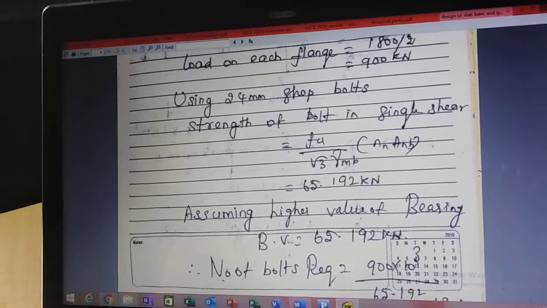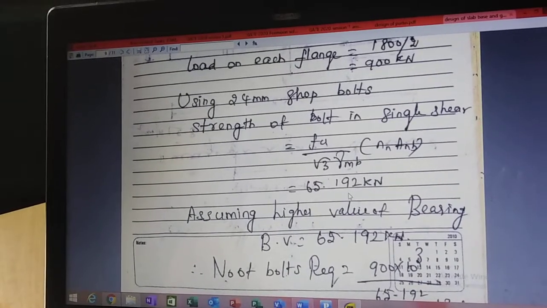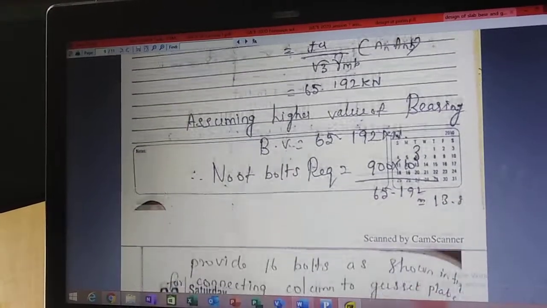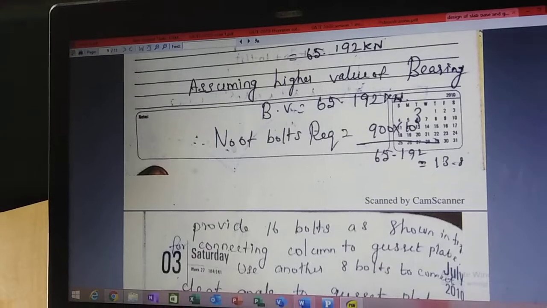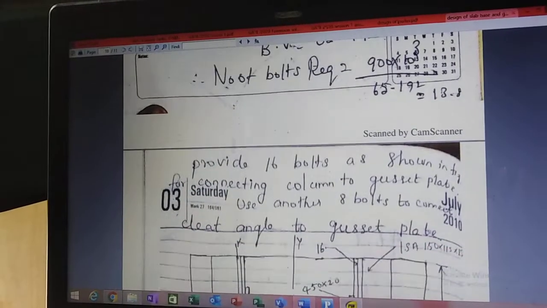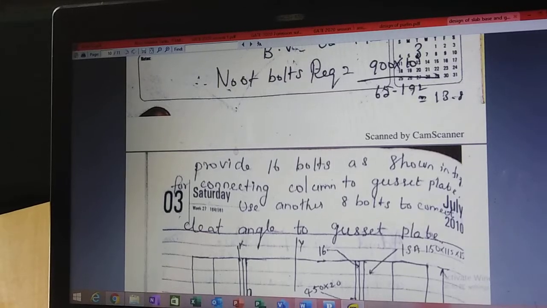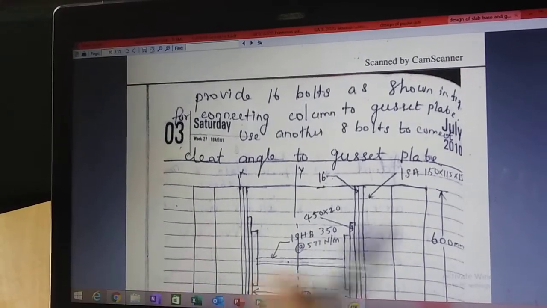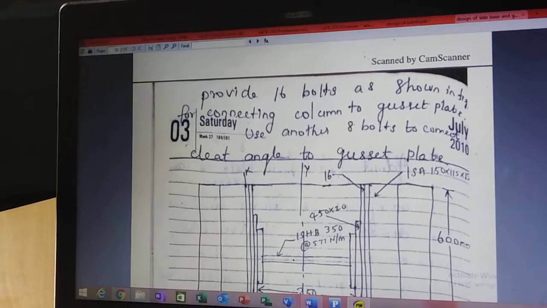Having assumed shearing is less than bearing, the bolt value is 65.192 kilonewton. So number of bolts is total load by bolt value, which gives 13.8, so I have chosen 16 bolts. In 2 rows, I am providing 16 bolts, that is 8 bolts per row.